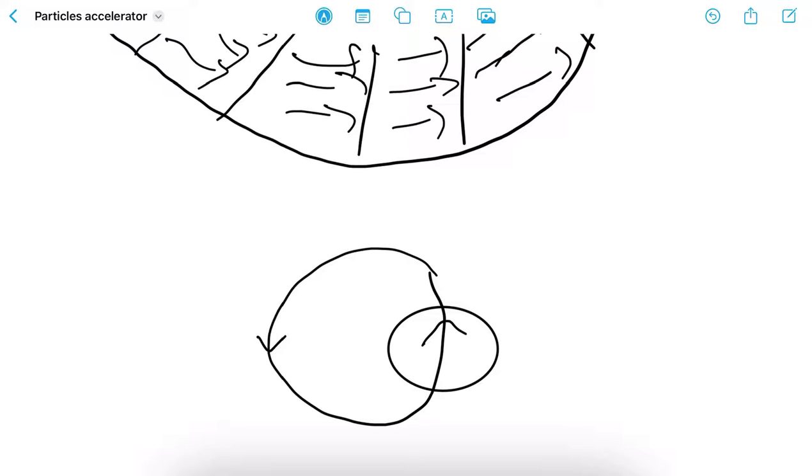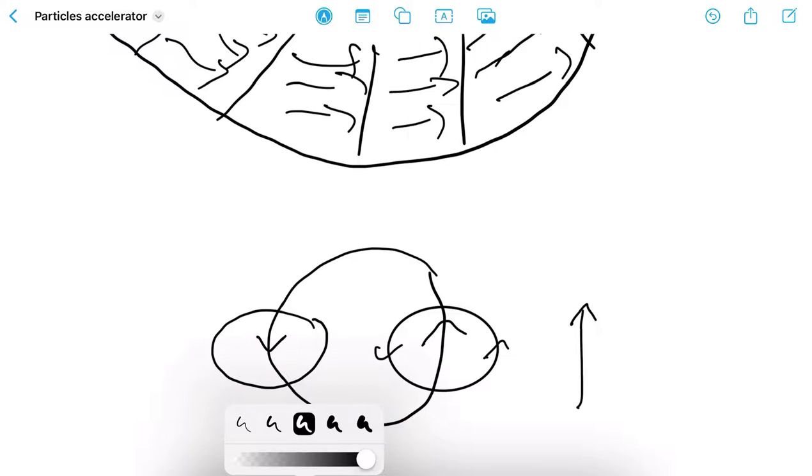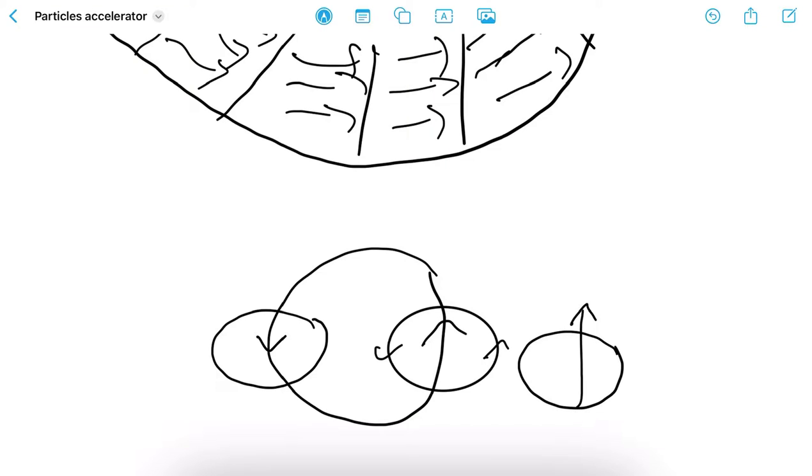This is a perpendicular circle which just wraps around the path that the electron moves. If the electron moves in a straight line, then the path of the magnetic field is circular around it.